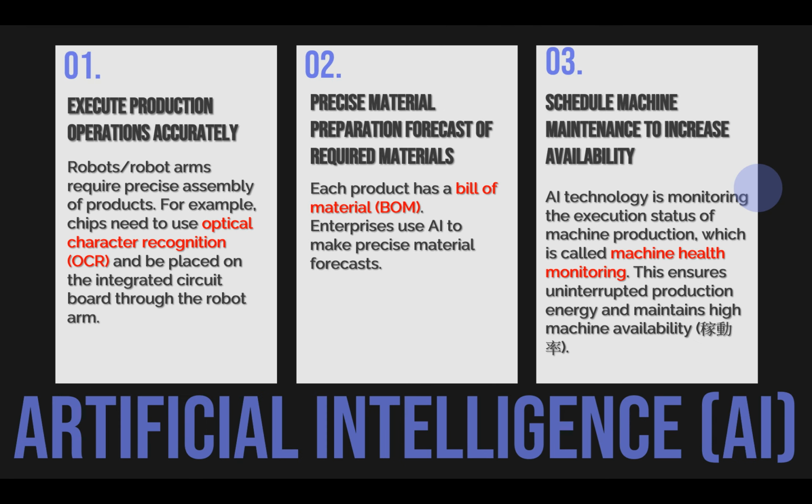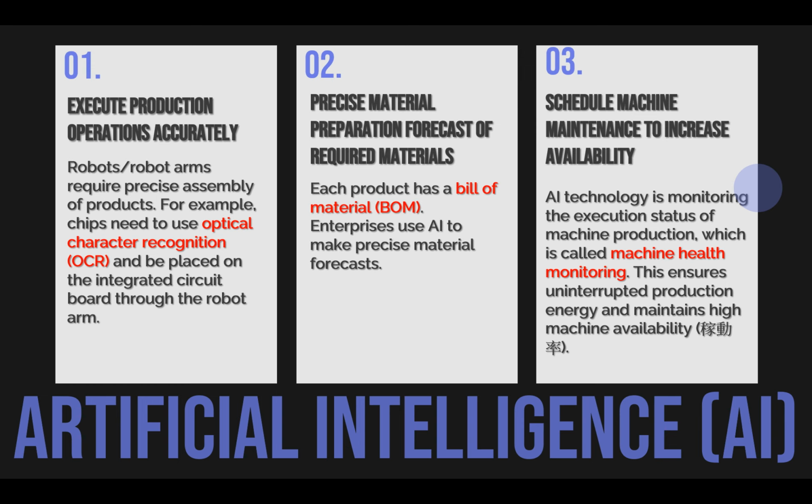And for executing production operations accurately, the robots and robot arms require precise assembly of products. For example, the chips need to use optical character recognition, OCR. Taiwan is very famous for chip production, and we call it Taijidian. Actually, semiconductors are very popular in Vietnam now.